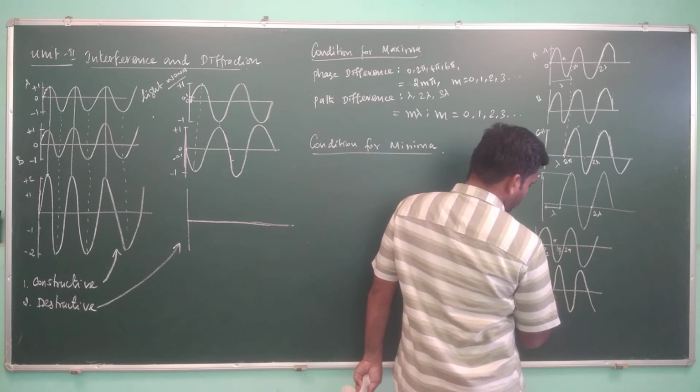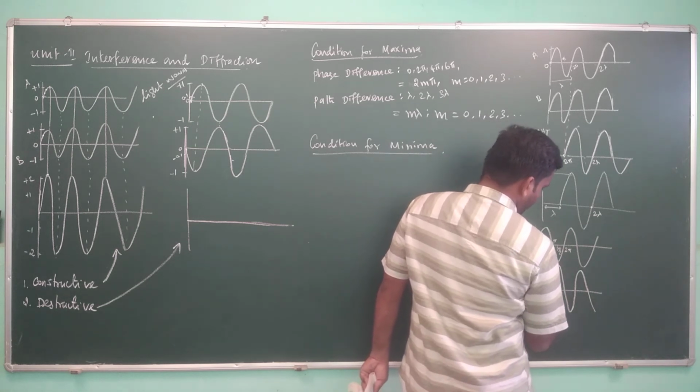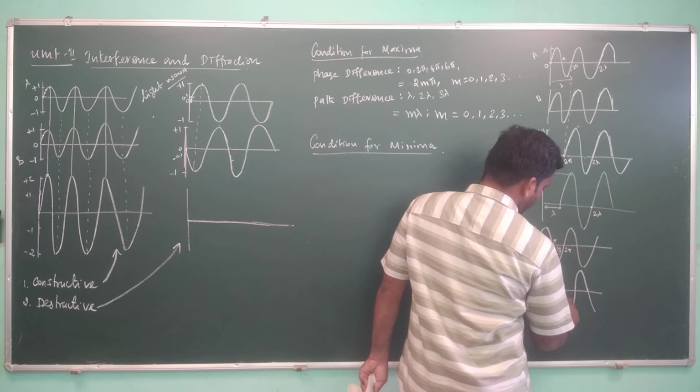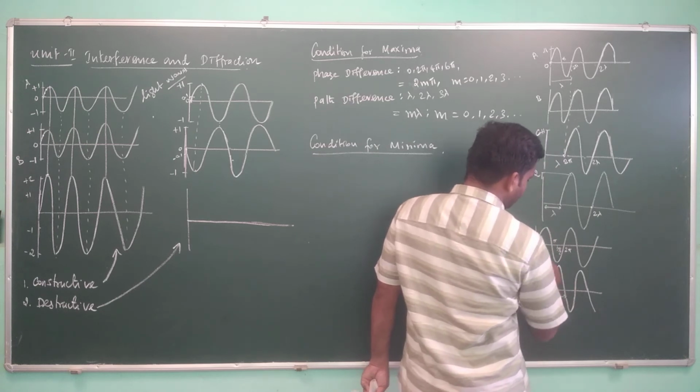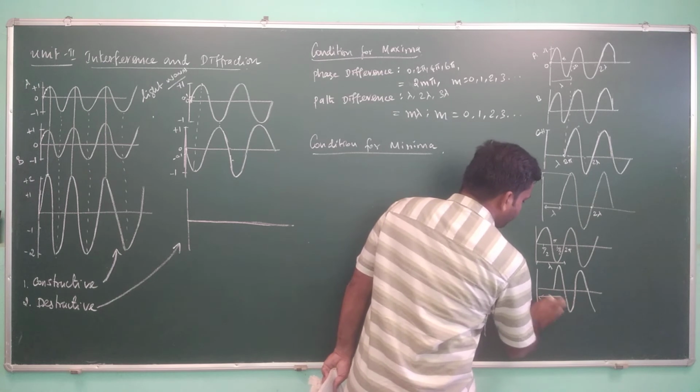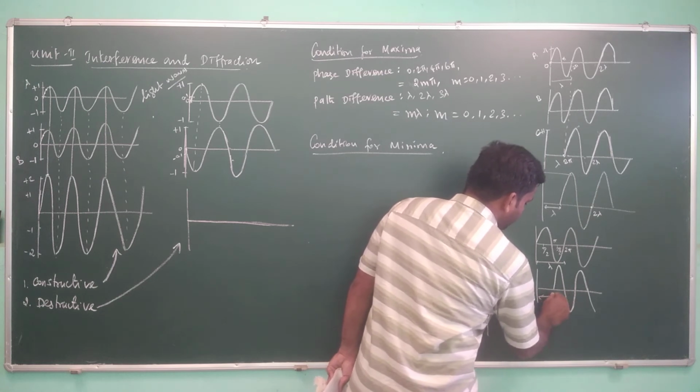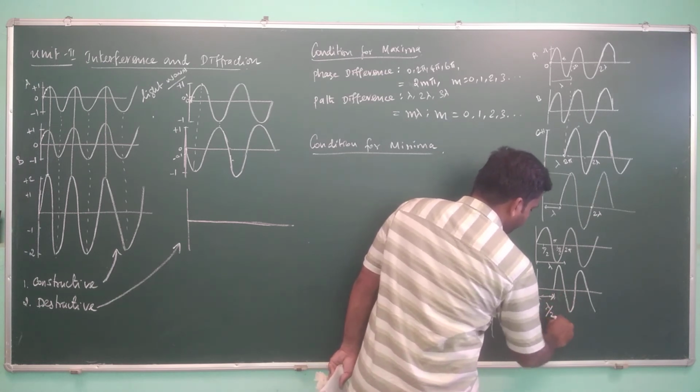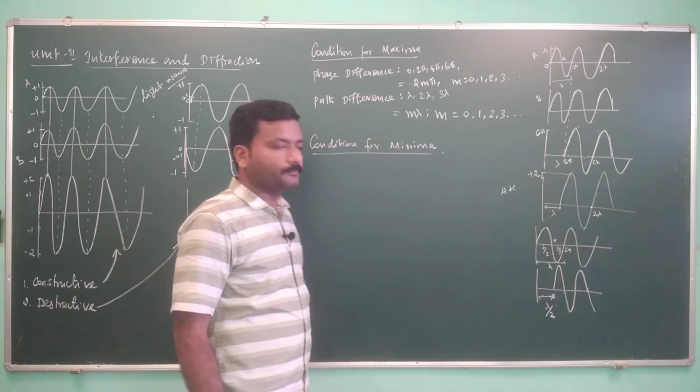So what is this? This length is lambda for path. So here the second wave starts with a path difference of lambda by 2.